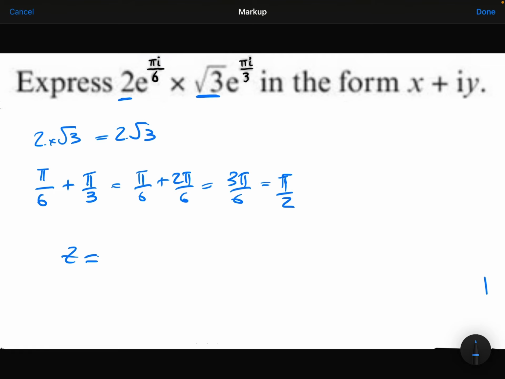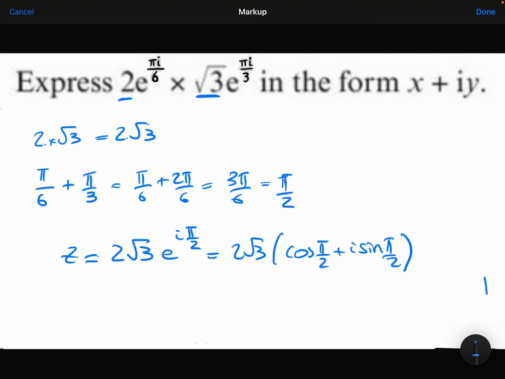Therefore I can say that I've got my modulus, which is 2 root 3, e to the i pi over 2, which I can write as 2 root 3 (cos pi over 2 plus i sin pi over 2).